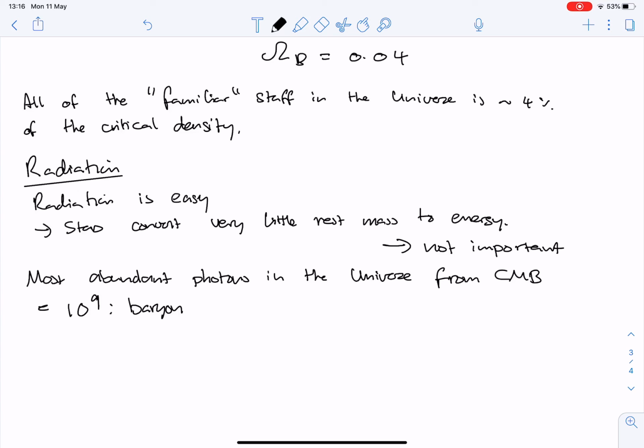Because omega baryon is 4% of the universe, the photons are, in fact, many more. But the energy of your baryon, well, most of the baryons are just protons, so it's m p c squared. It's about 938 MeV.